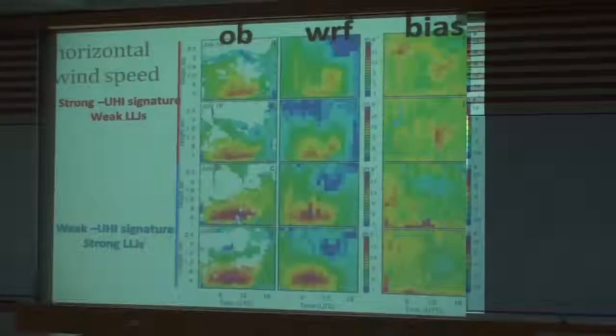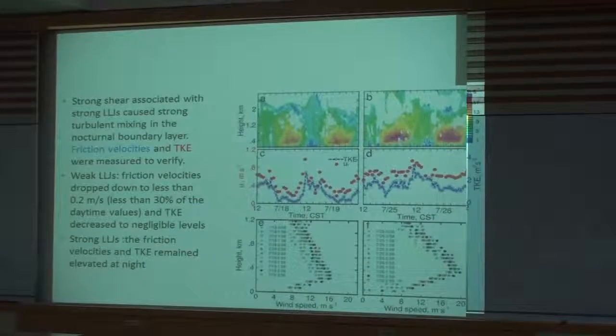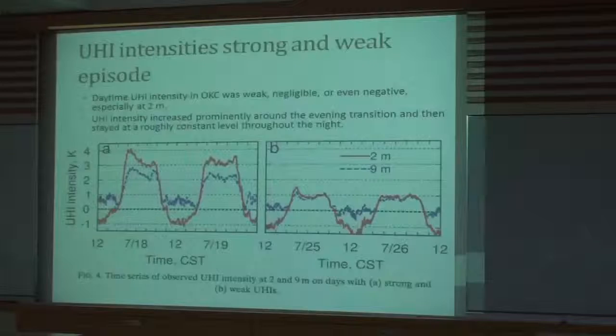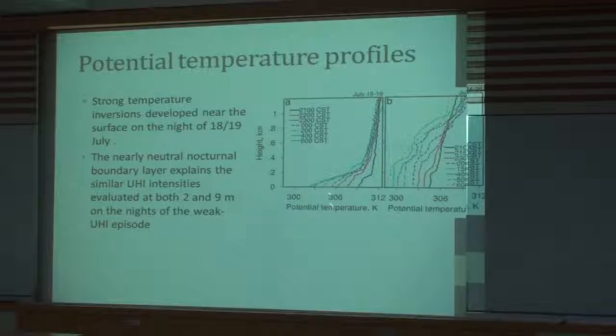Did you notice that typically the low-level jet occurs at the top of the inversion layer, right? Yes. So here the low-level jet is happening above 200 meters, and the inversion layer here is under 200 meters. That is reasonable. But I think you need to go back and think about why the low-level jet occurs at the top of the inversion layer.